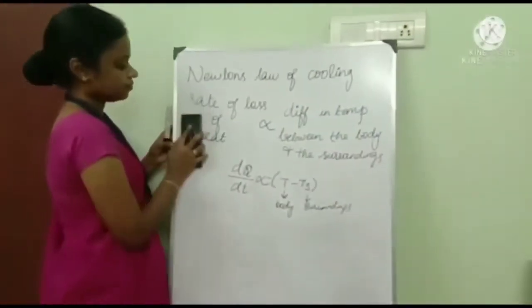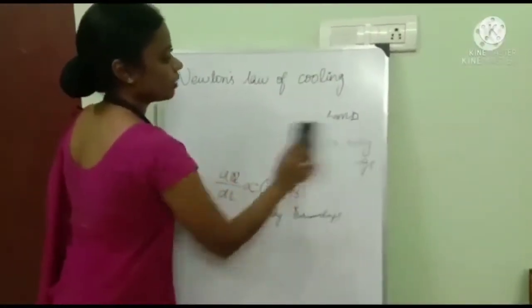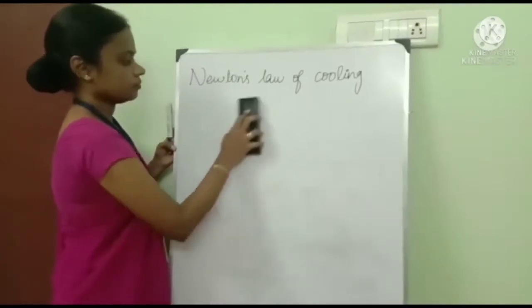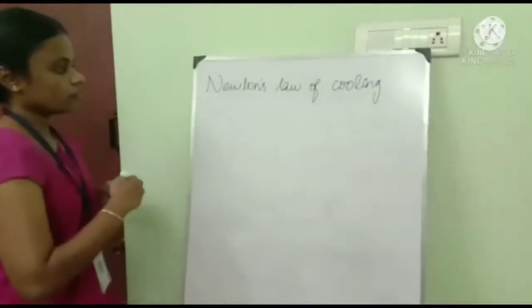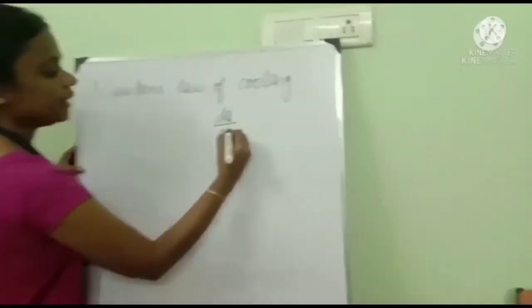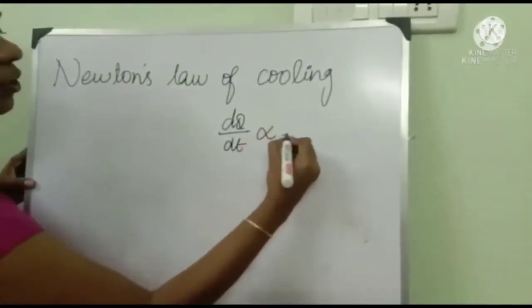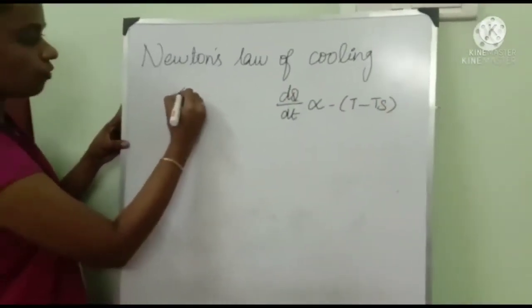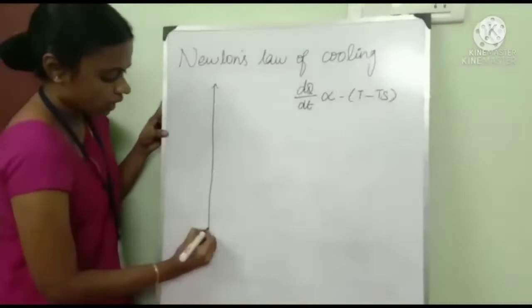Now, we shall plot a graph explaining this law. dQ by dt is proportional to minus (T minus Ts). Explaining this Newton's law of cooling, we shall plot a graph.